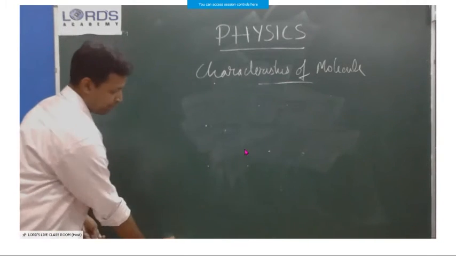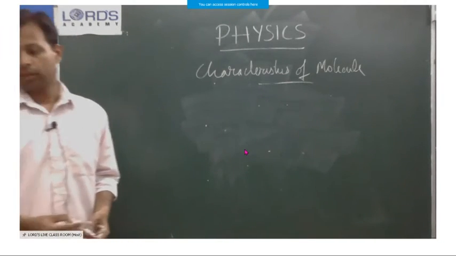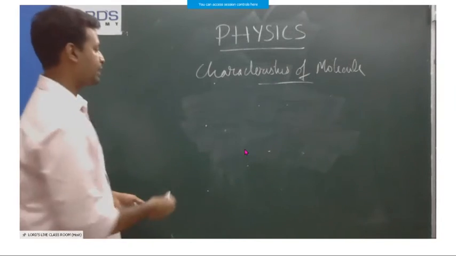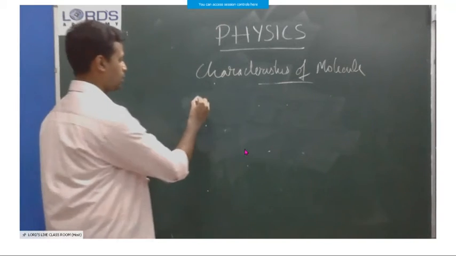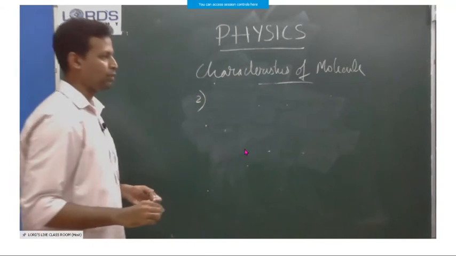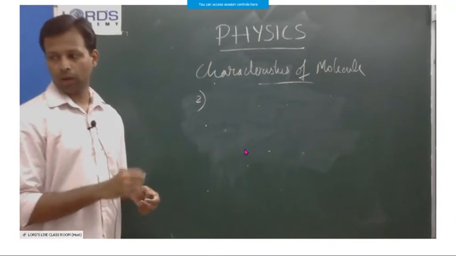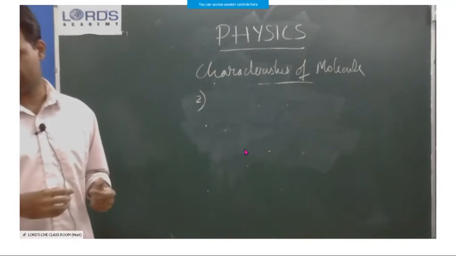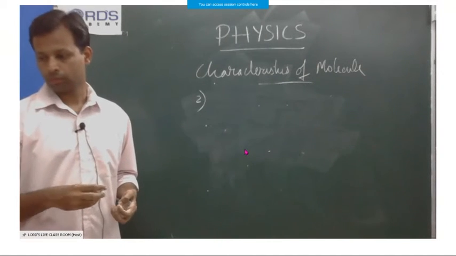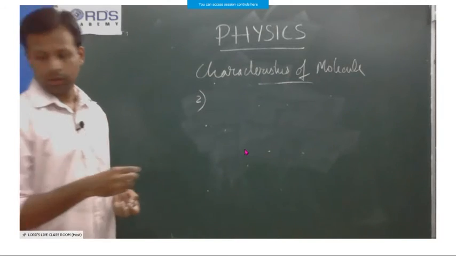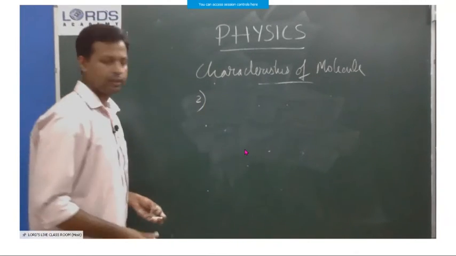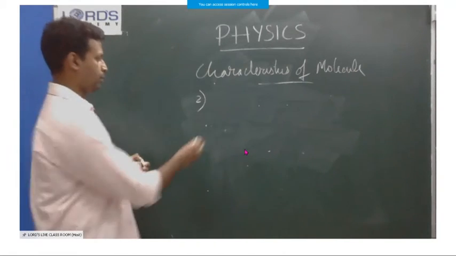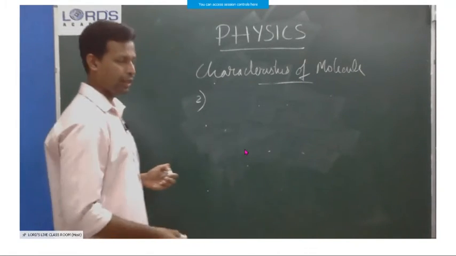The next point is there are spaces between the molecules. Second point, there are spaces between the molecules. Let's see how there are these spaces. We know that there are three states of matter, that is solid, liquid and gas.